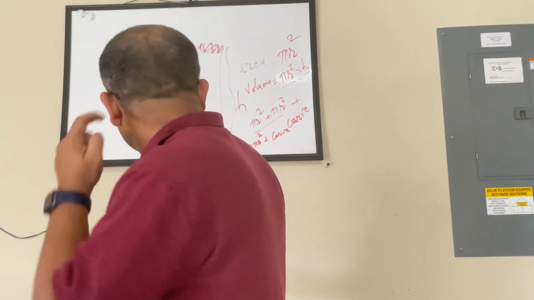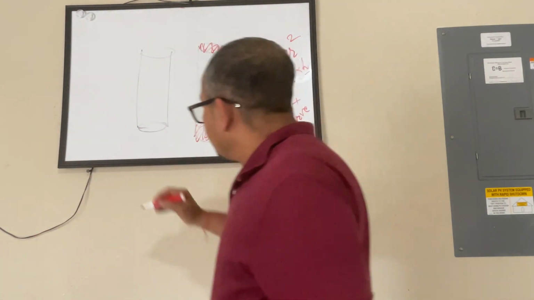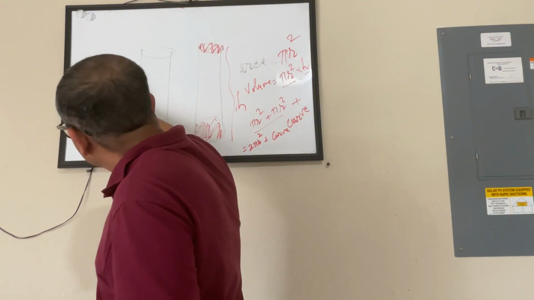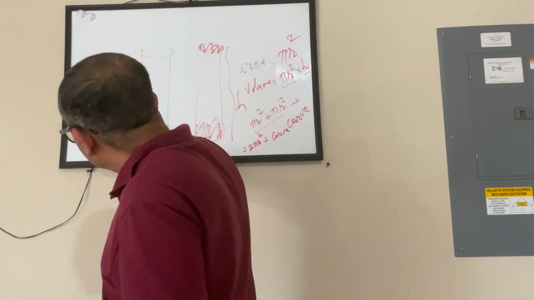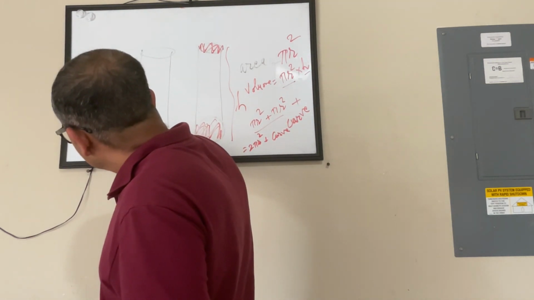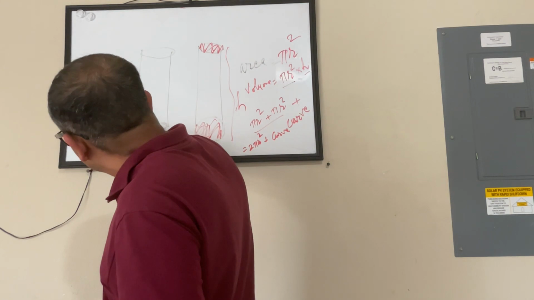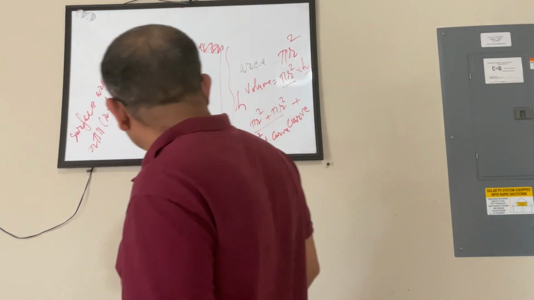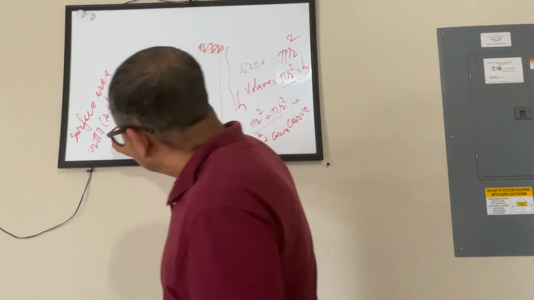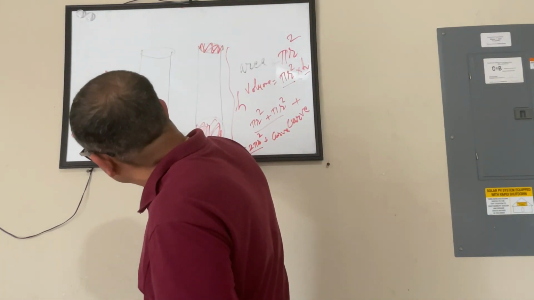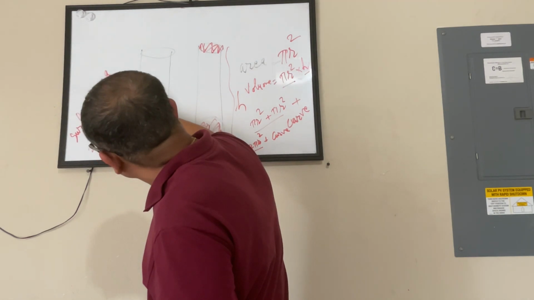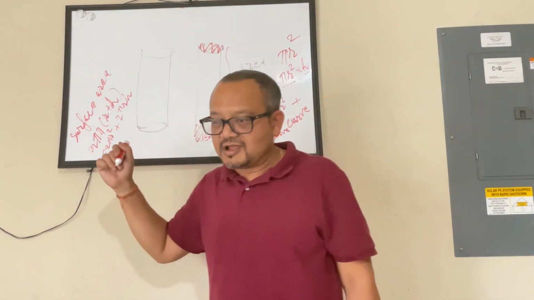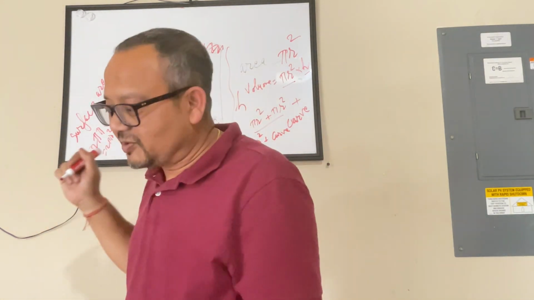So the surface area of a cylinder will be 2 pi r into r plus h. So 2 pi r into r plus h, that is 2 pi r squared plus 2 pi r h. Now you will tell me how. That also I have explained in one of the classes before.